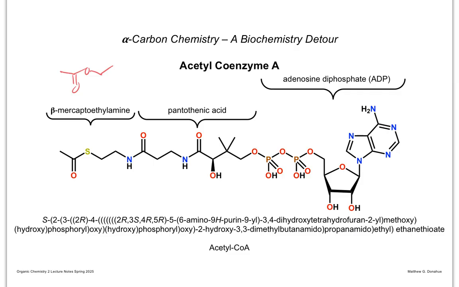And what we're studying is the chemistry of the alpha carbon. So again, conceptually, what you're learning now, nature does sort of the same thing, but with these larger molecules. So acetyl coenzyme A has those three sort of units to it.